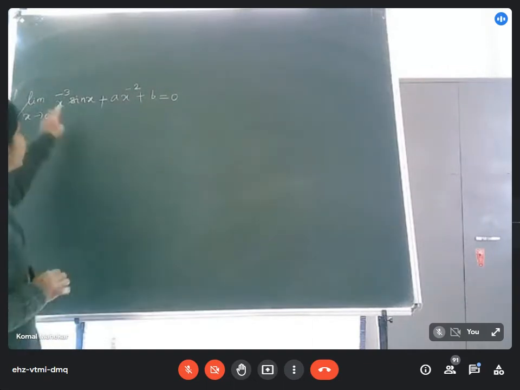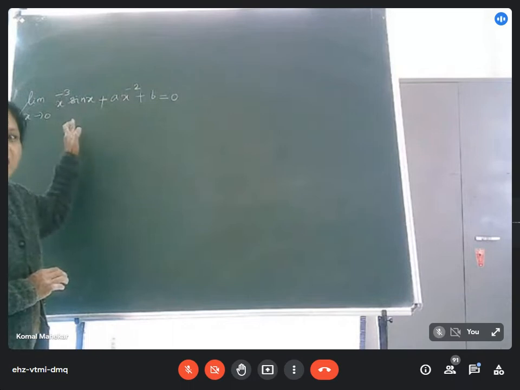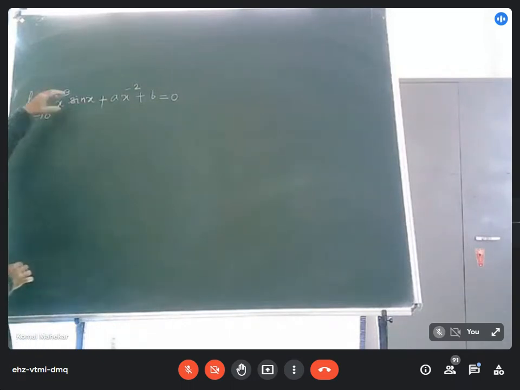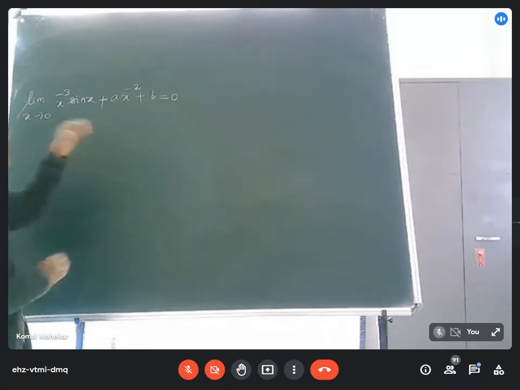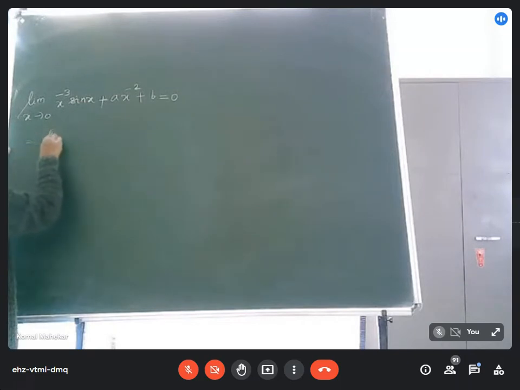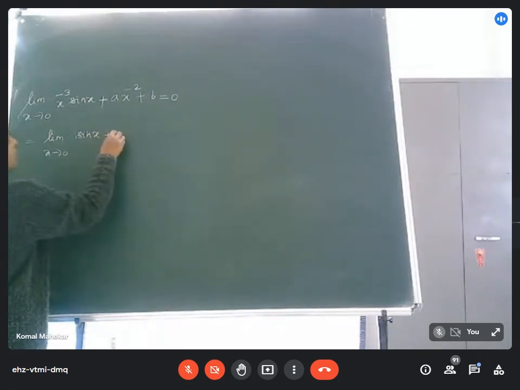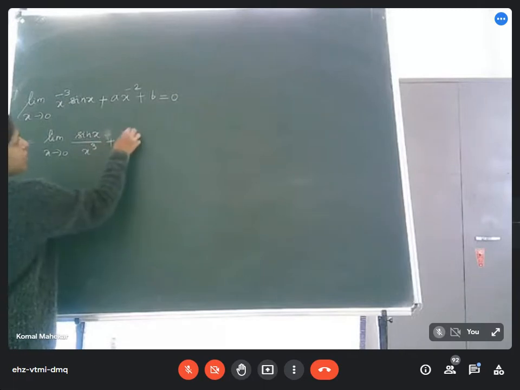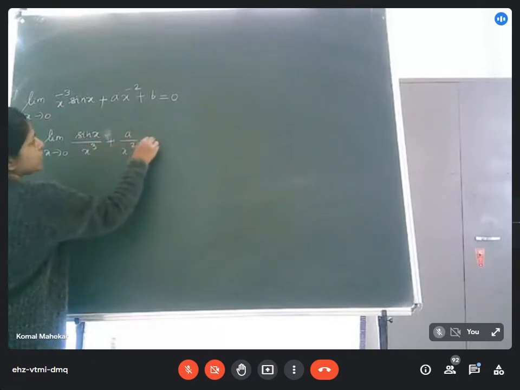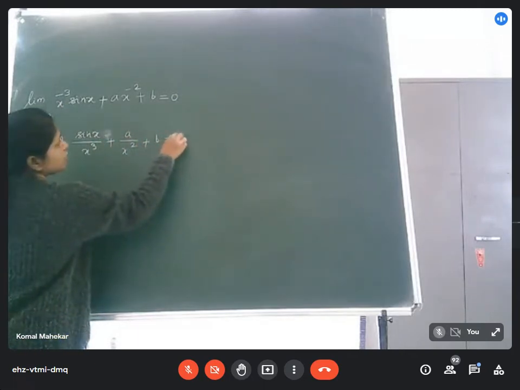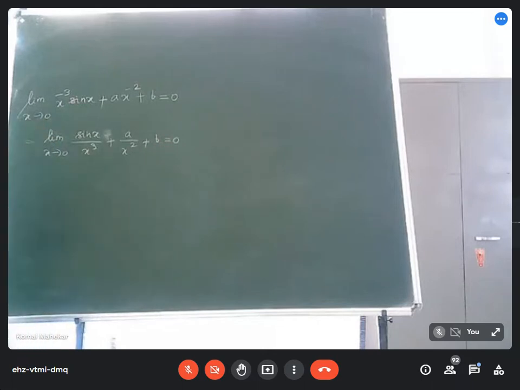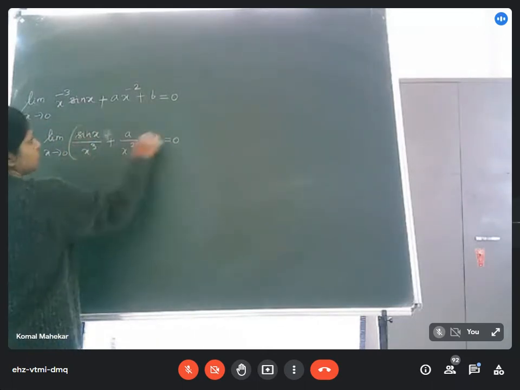We can write this x raised to -3 as, if you shift this term in denominator, that becomes x raised to 3. So we can write this given limit in this form also, that is x tends to 0, sin x upon x raised to 3 plus a upon x raised to 2 plus b is equal to 0. So this is the given function.